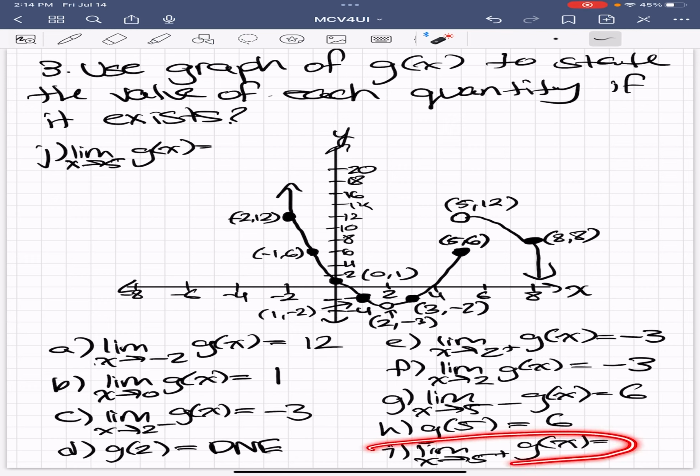The right side limit, as x approaches 5 from the right, would be 12. And so because the left side limit and the right side limit do not equal each other, the limit as x approaches 5 of g of x does not exist.